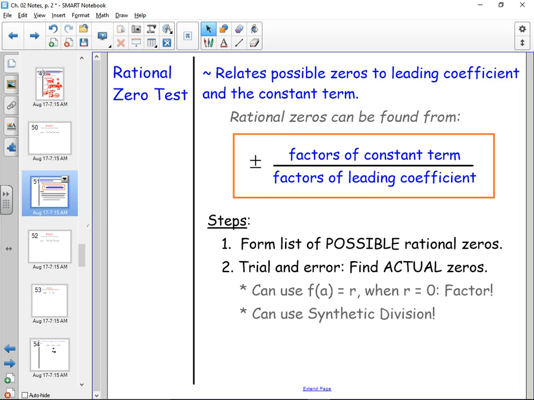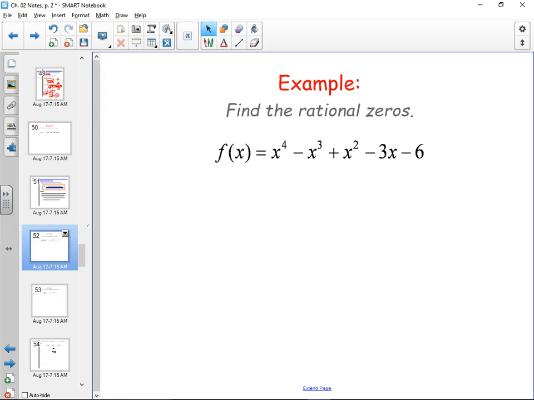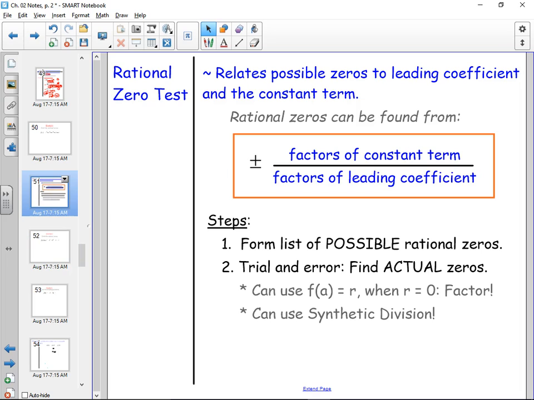Okay, here we go. How on earth does this page of blah help us with that? But you're going to tell us. Because it tells us the only rational zeros of a polynomial are going to be in the list of possible zeros that come from this little equation.